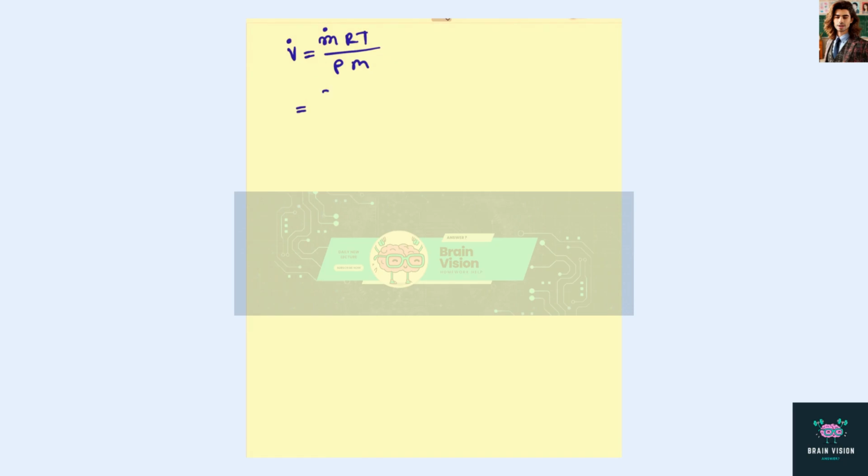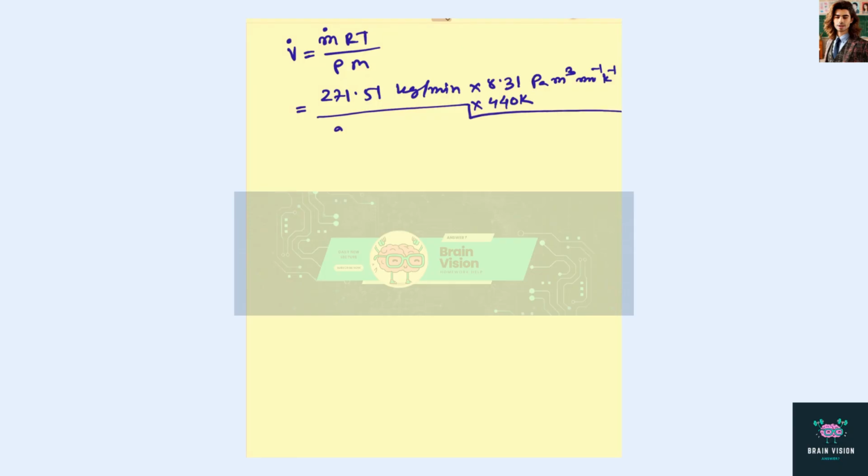The flow rate of dry air we just calculated is 271.51 kg per minute. The gas constant is 8.31 Pascal meter cube mole inverse Kelvin inverse. Temperature is 440 Kelvin. The pressure is 97,402.34 Pascal, and the molar mass of air is 29 multiplied by 10 to the power negative 3 kg per mole.